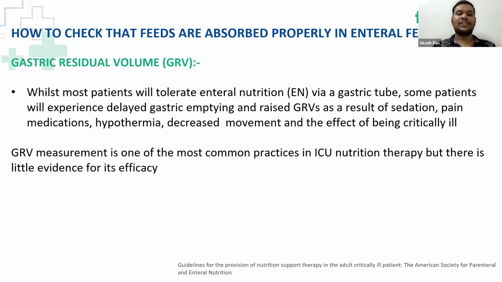While most patients will tolerate enteral nutrition via gastric tube, some patients will experience delayed gastric emptying and raised gastric residual volumes as a result of sedation, pain medications, hypothermia, decreased movement, and the effect of being critically ill. GRV measurement is one of the most common practices in ICU nutrition therapy, but there is very little evidence for its efficacy, though it's very widely used.